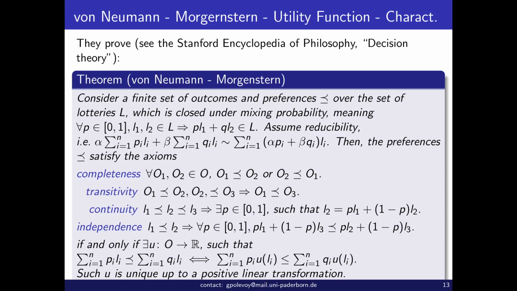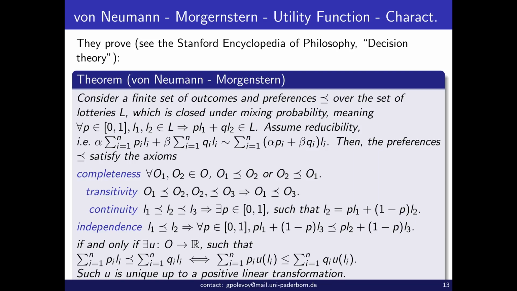And assume that the preferences are closed under mixing probability. This means that for any p between 0 and 1, if we mix p L1 plus 1 minus p L2, it is also a lottery. Excuse me, I wrote q, but I meant 1 minus p.